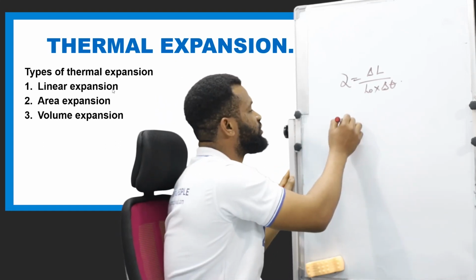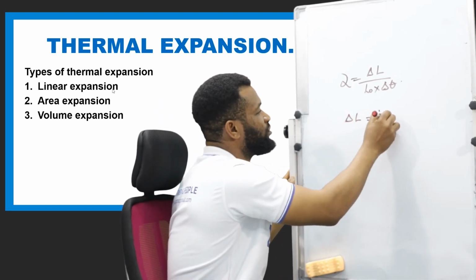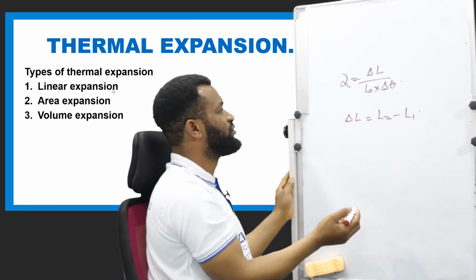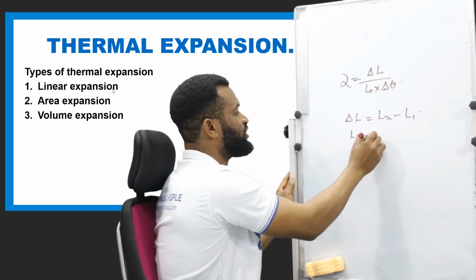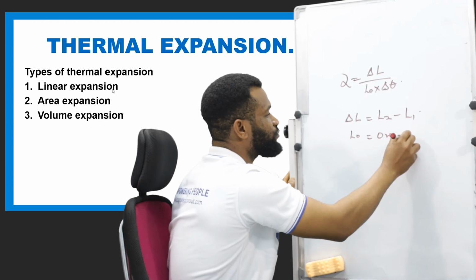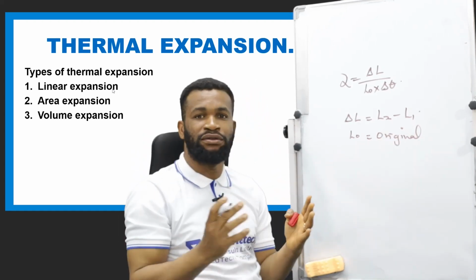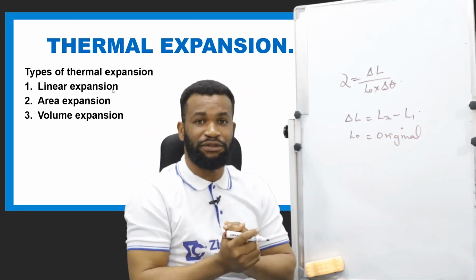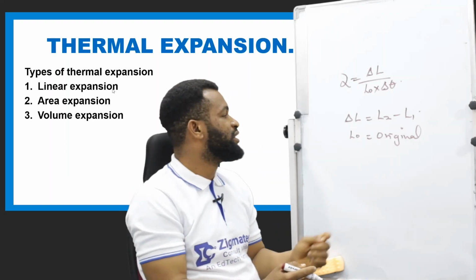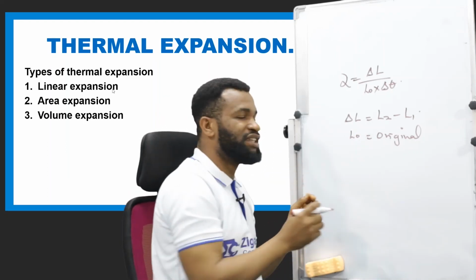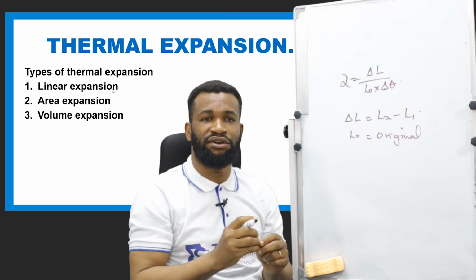Sometimes, instead of writing change in length, we can say L2 minus L1, whereby L0 is the original length. This is the length before the heat is applied. Then L2 is the length when the heat is already applied.